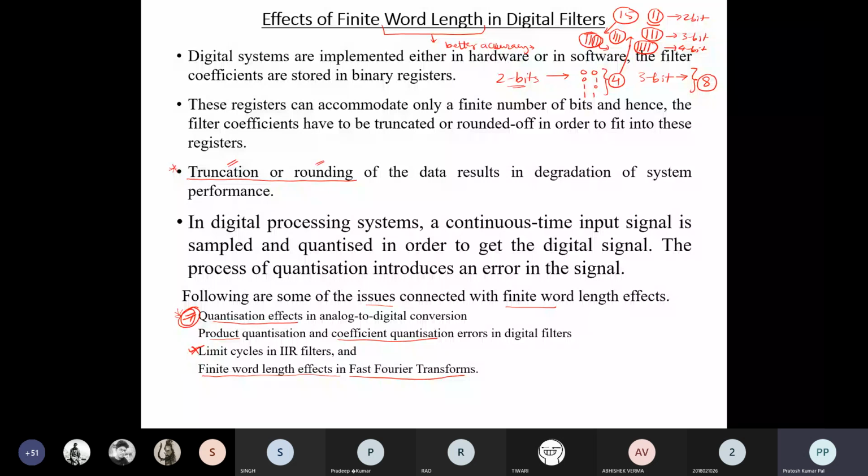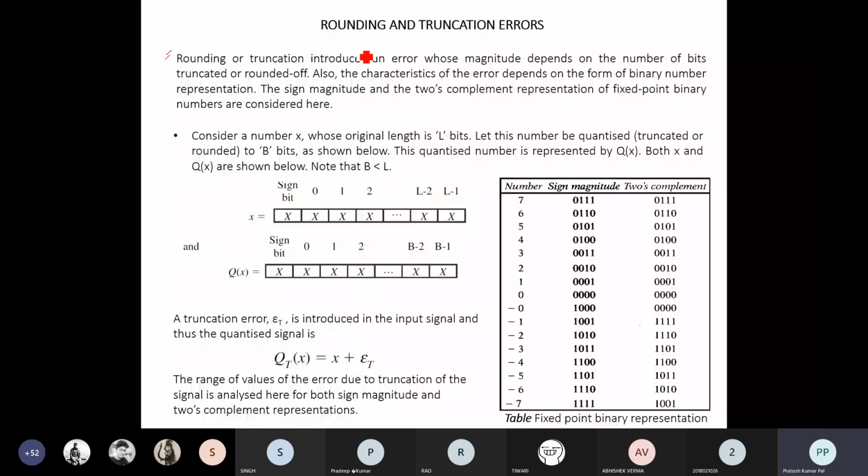Okay, so starting with the rounding and truncation errors. In case of rounding and truncation errors, we get errors in terms of the magnitude of the value, whatever magnitude representation is there. This magnitude representation will have different numbers of bits.